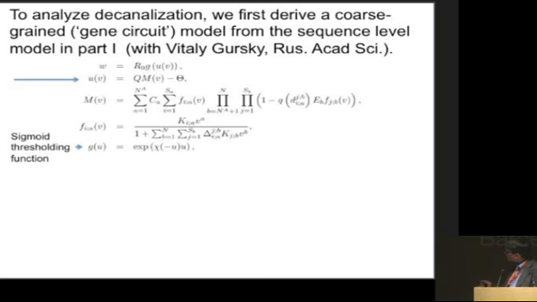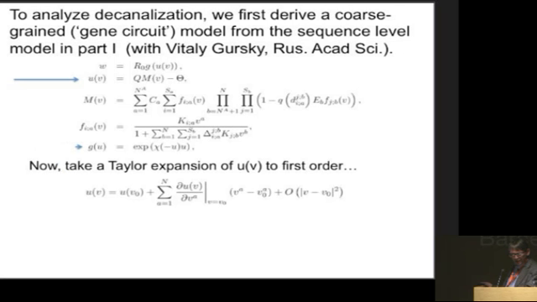So what if we take this and do a Taylor expansion? If we do a Taylor expansion to first order around some concentration point V0, these are the concentrations of regulators here. And so we'll have a constant that depends on V0 plus this linear term.